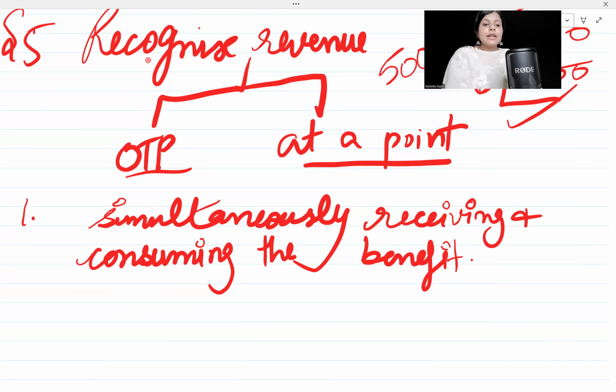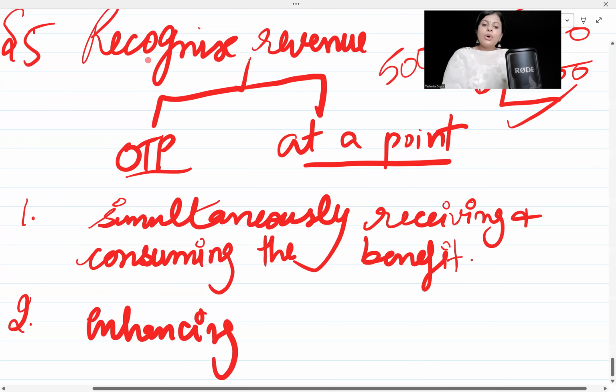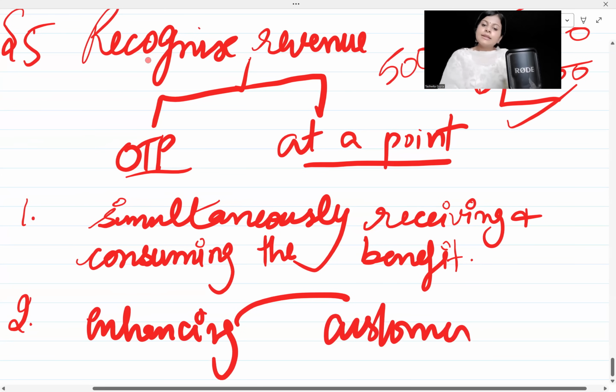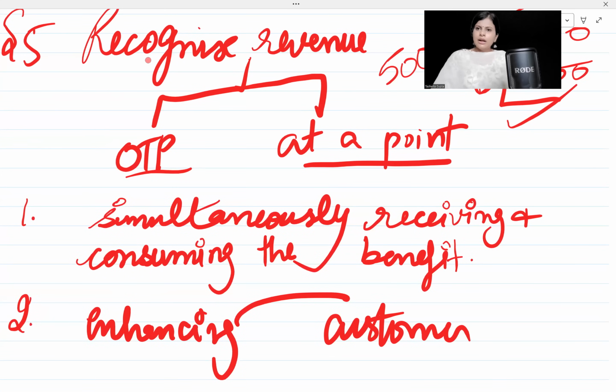Then second is you are enhancing the asset controlled by the customer. Customer controls the asset and you're enhancing it. Example, you are a construction company and on the customer's piece of land, you are constructing a building. Now, next day the customer says, don't come, I'll keep some other contractor.